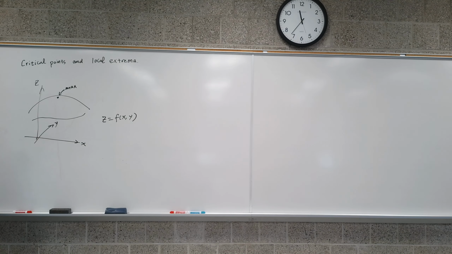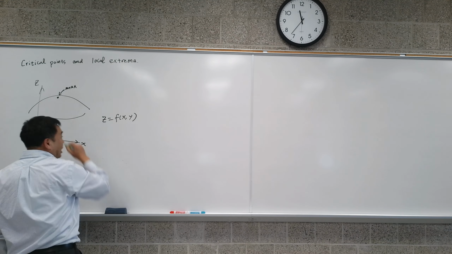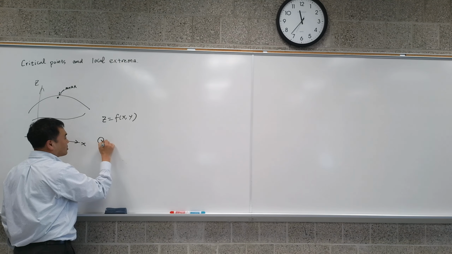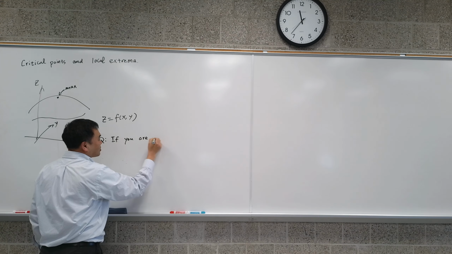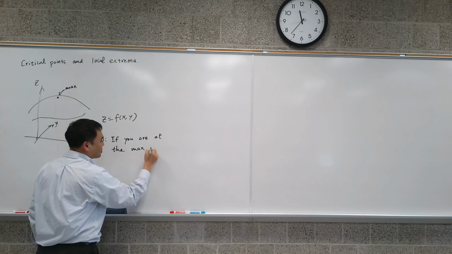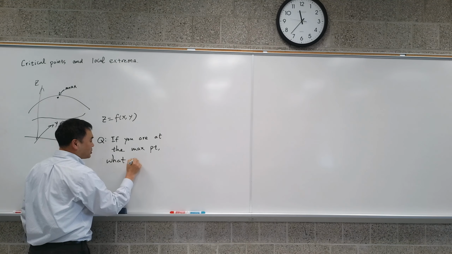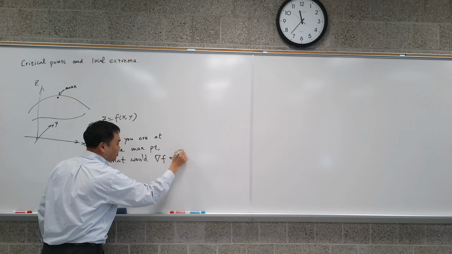And one thing that you can think of is, if you're at the top of the mountain, question: if you are at the max point, what would the gradient of f equal?